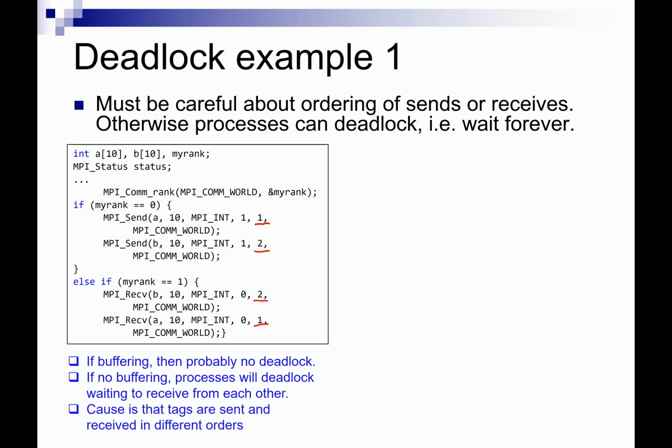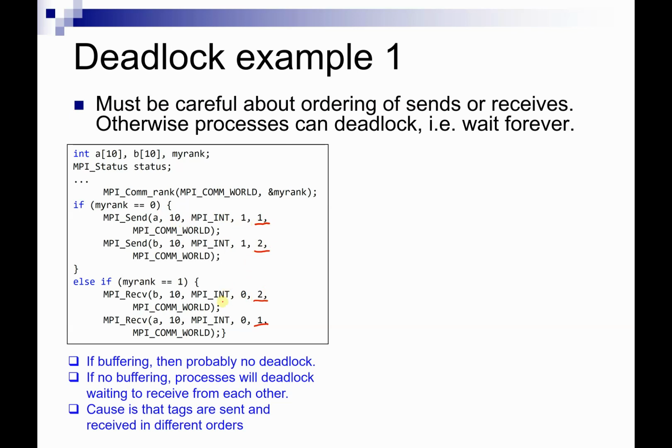The reason is that if we don't have any buffering, then when I call this send, I'm trying to send a message with tag 1, but there's no corresponding receive to get that message. So the rank 1 process is going to be blocked at the send over here, and the rank 2 process is going to be blocked at this receive over here, because the rank 0 process needs to finish the tag 1 send before it does the tag 2 send.